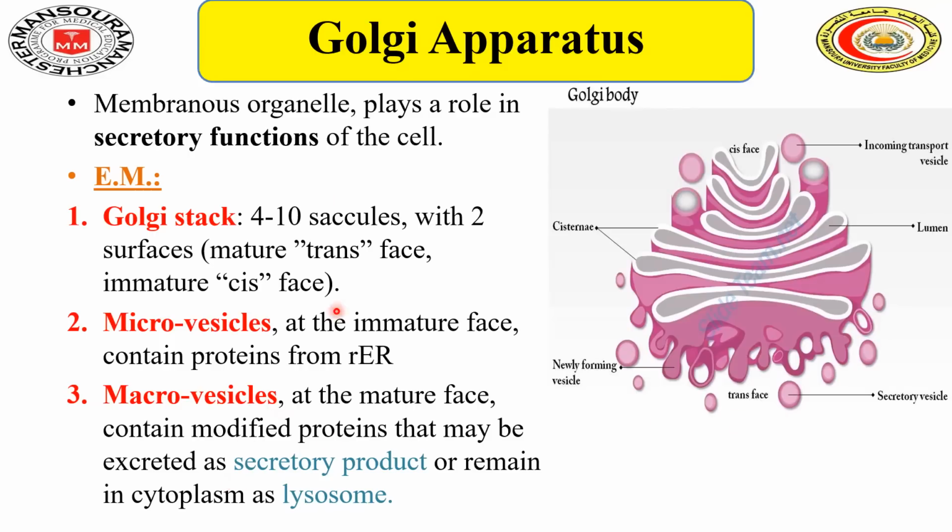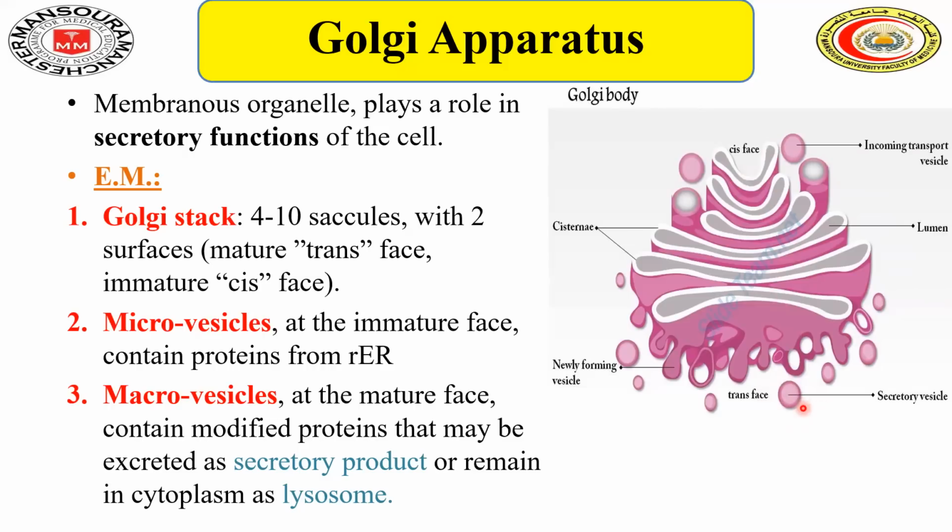So this is regarding the components of Golgi. We have Golgi stack arranged above each other. We have micro or small vesicles containing raw protein coming from rough endoplasmic reticulum. This protein will enter the Golgi, be modified inside, and get out from the other surface as macrovesicle containing modified protein.